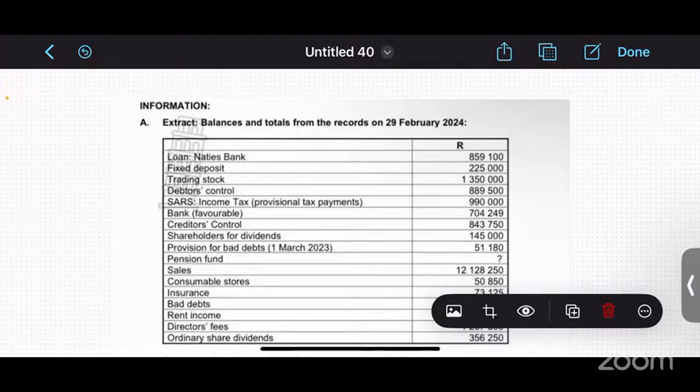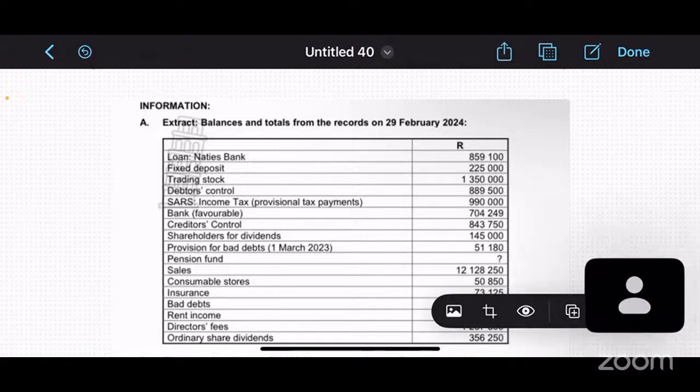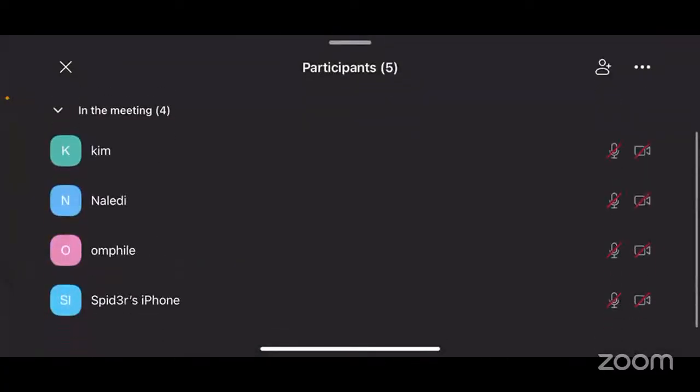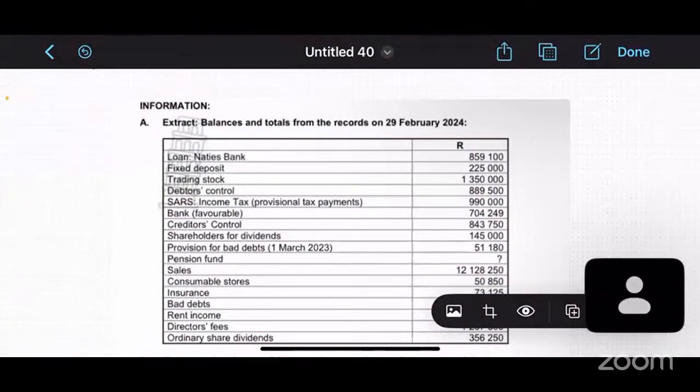So, Umpile, what is the difference between the current and non-current? Umpile, are you there?